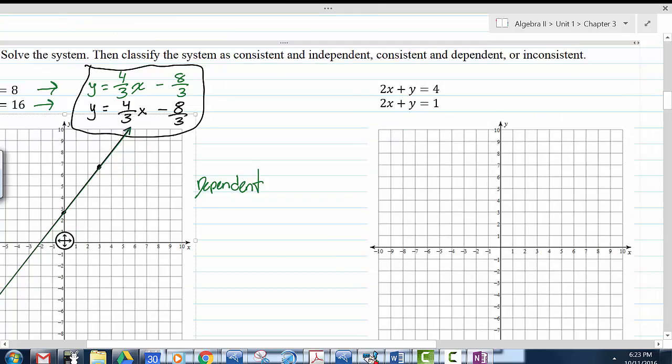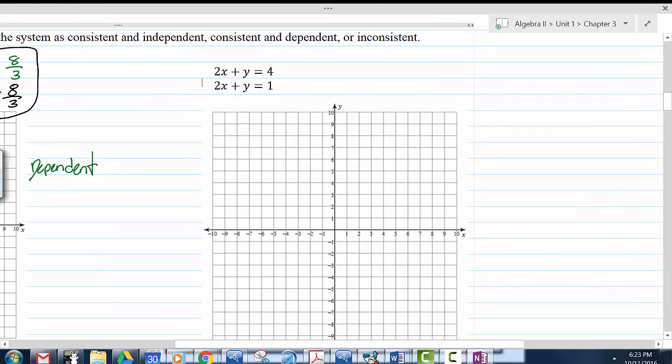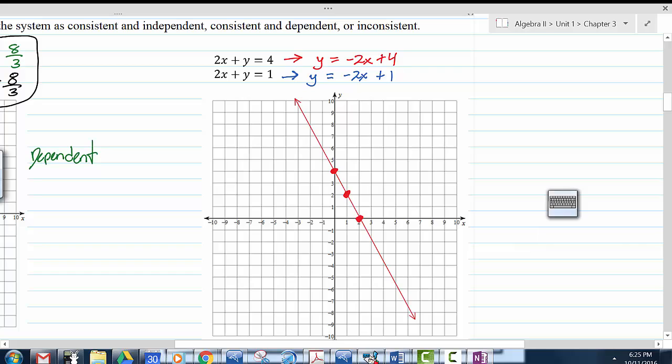This one over here, first off, let me simplify it into slope-intercept form like this, and then let me graph them. Okay, I graphed the red line. Notice I'm color coding everything. Also notice that these have the same slope, slope being -2.